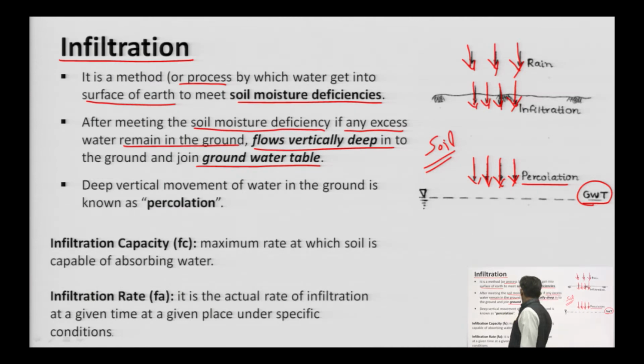So, the deep vertical movement of water in the ground is known as percolation.